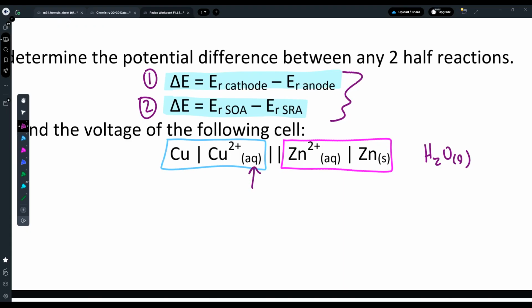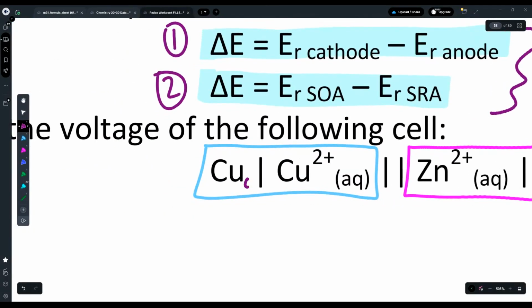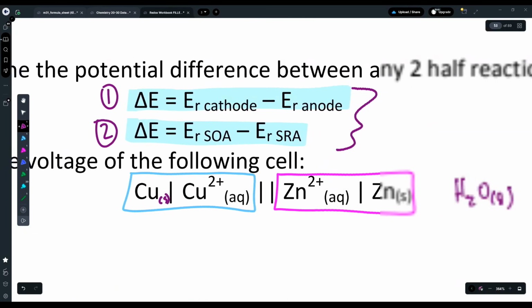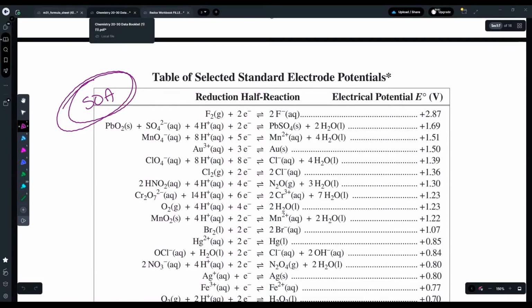How I know I have water is because these are aqueous solutions, so that means it's dissolved in water. So if I go and find all of these, so copper solid, copper 2+, zinc 2+, and zinc solid, I'll do that first and then I'll figure the rest out.